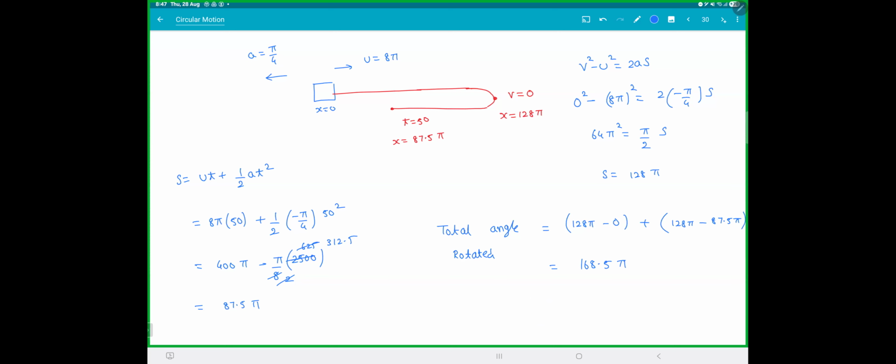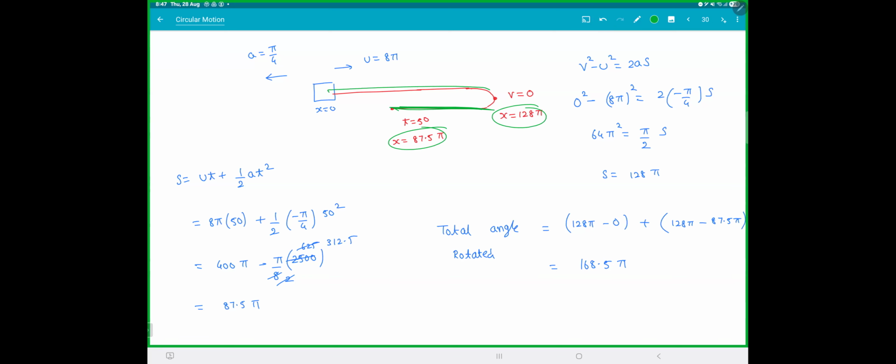Sir, can you explain the last part again? How much will this distance be? 128 minus 0? Yes. So this is 128. And then what about this part? This part will be 128 minus 87.5, right? Okay, understood. What's the total distance?